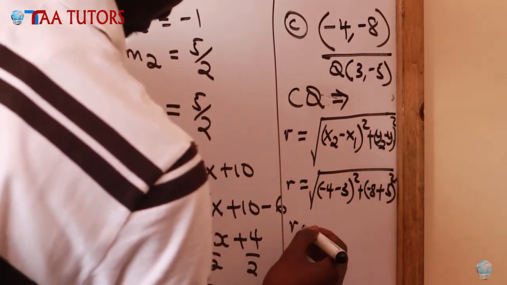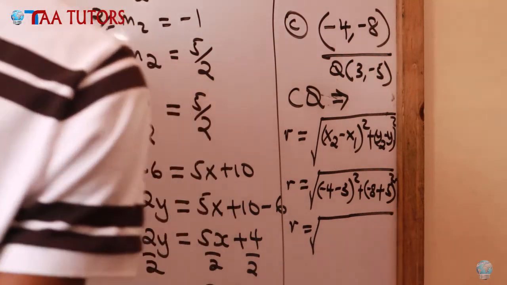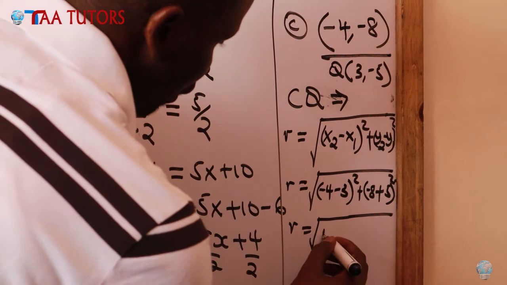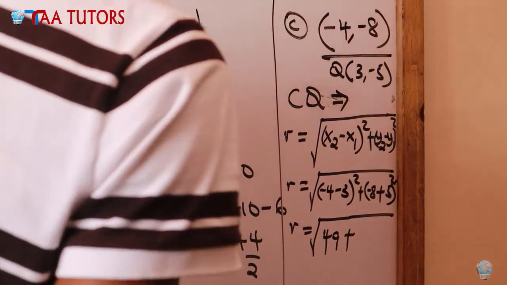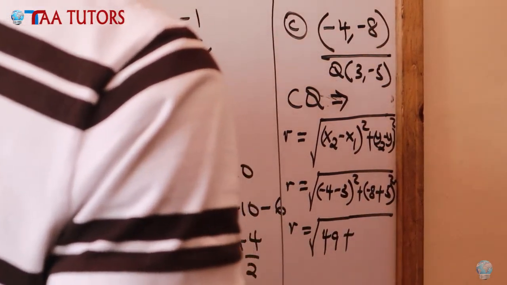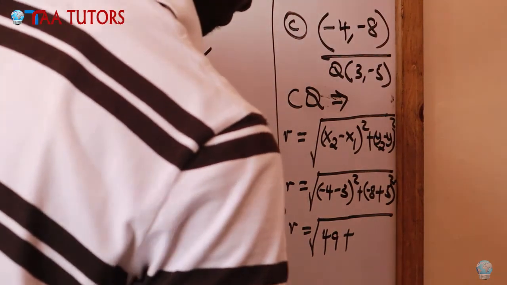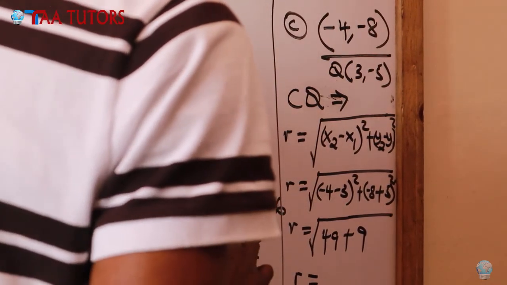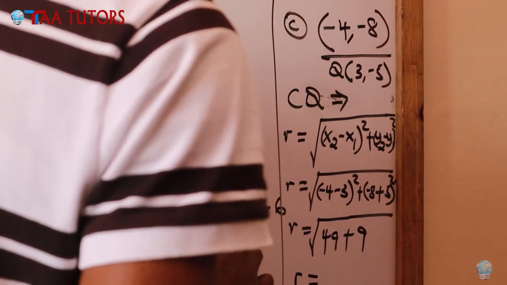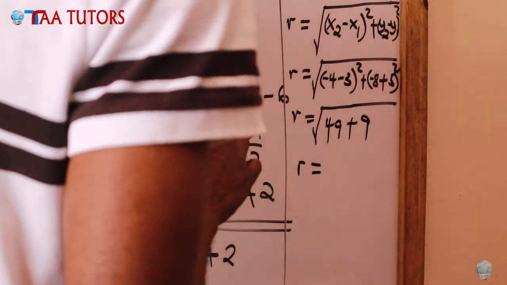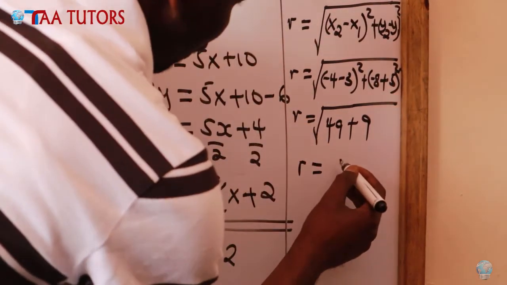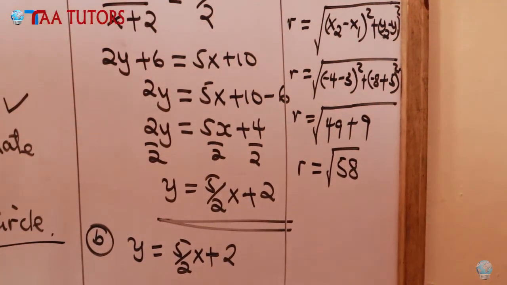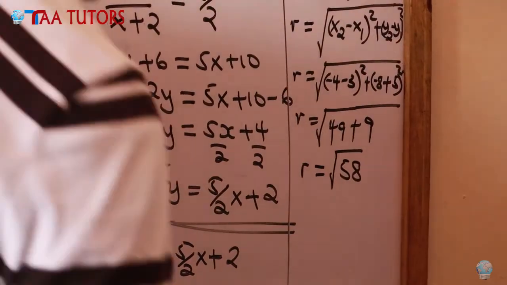So r here will be the square root of: -4 minus 3 is -7, 7 squared is 49, plus -8 plus 5 is -3, -3 squared is 9. So r will be the surd of 49 plus 9, which is 58. Now we have the surd of 58 as the radius.